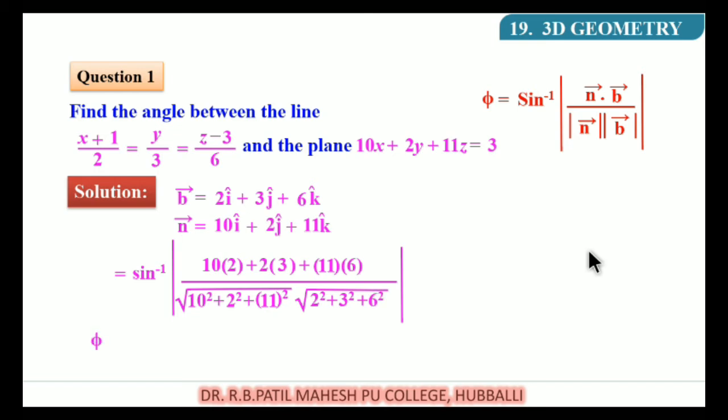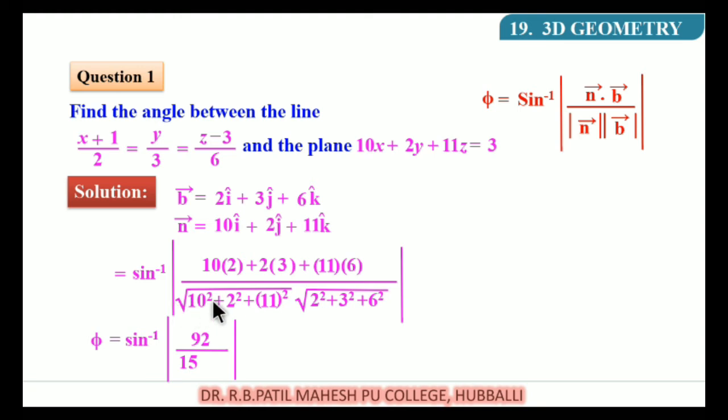Now we have to simplify. So phi is equal to sin inverse of the modulus of 10 into 2, which is 20, plus 6 plus 66, so it is 92, divided by square root of 100 plus 4 plus 121. 121 plus 4 is 125, so total it is 225.